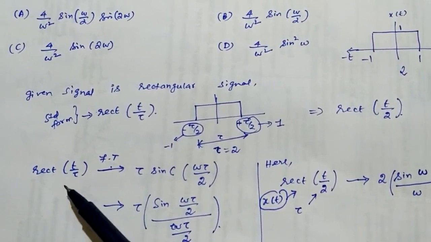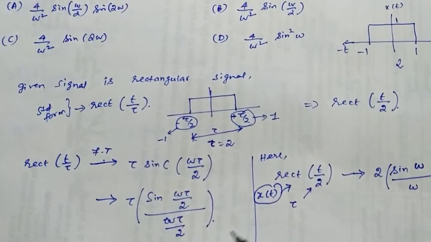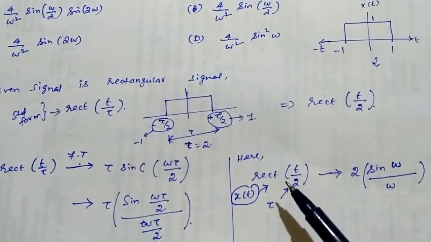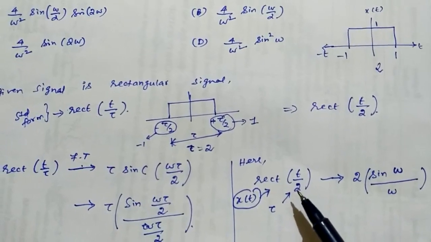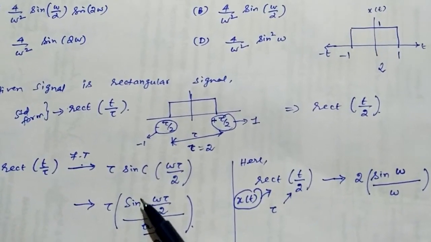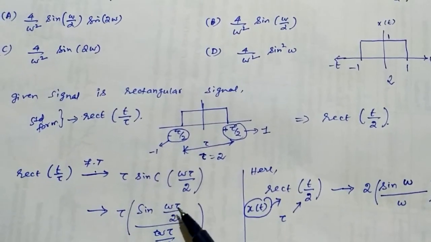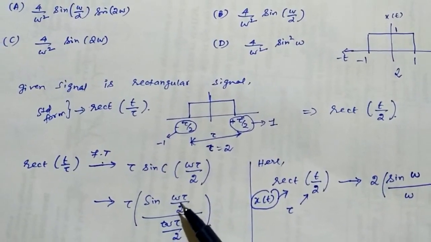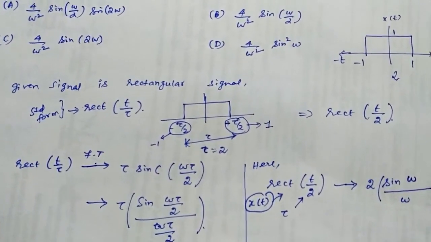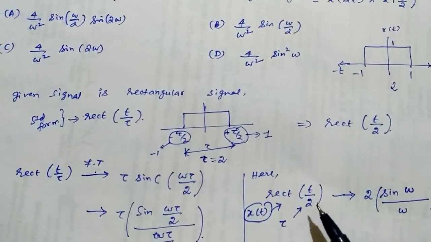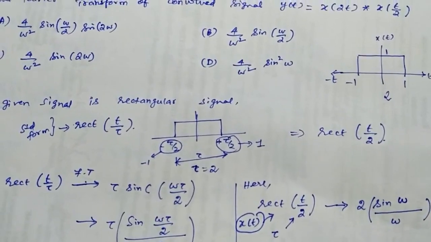So this is the standard form: rect of t by tau is equal to tau into sine theta divided by theta. In the same manner, here the given function is rect of t by 2, so in this equation you replace tau with 2. So 2 into sine omega over omega. Therefore the given signal has the Fourier transform 2 into sine omega by omega.